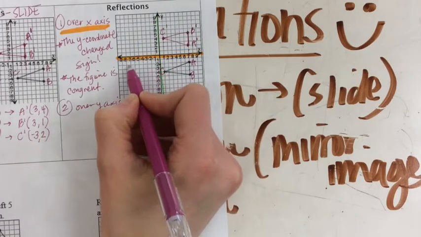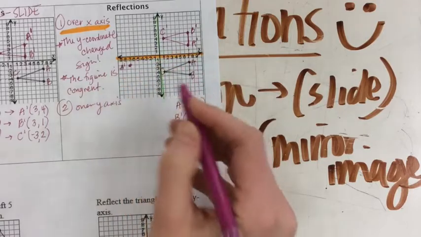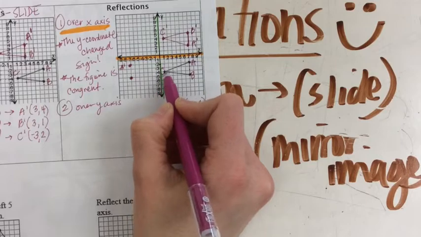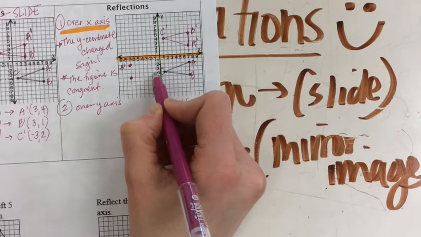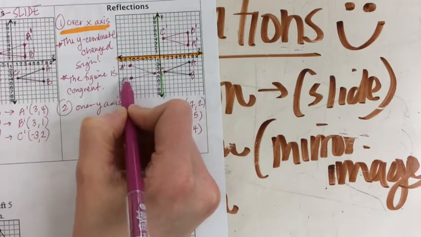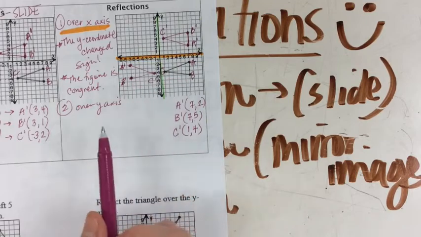Now I'm going to move 7 in this direction, and there's my A prime there. And then you would do the same thing with B, and the same thing with C, which would be 1 away here, and then there would be your new figure, B prime and C prime. So you can see a y reflection as well.